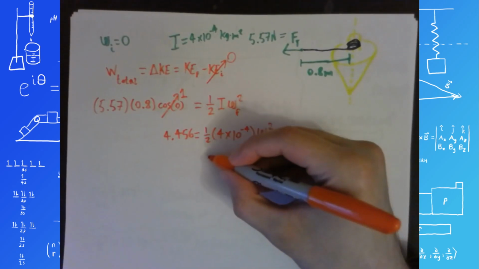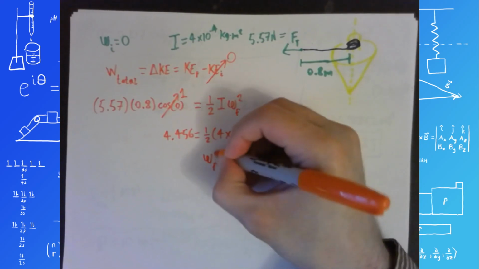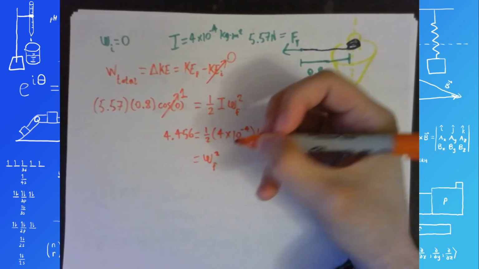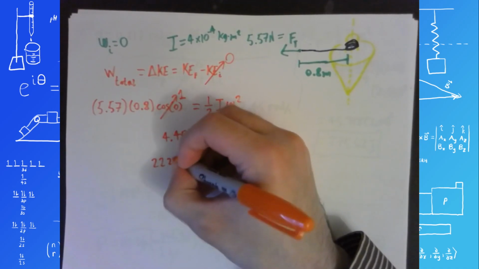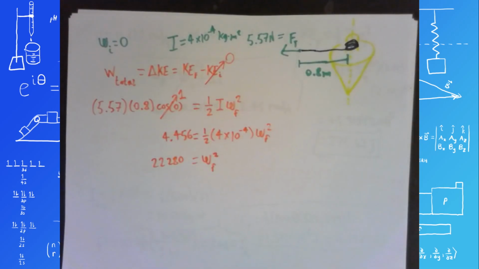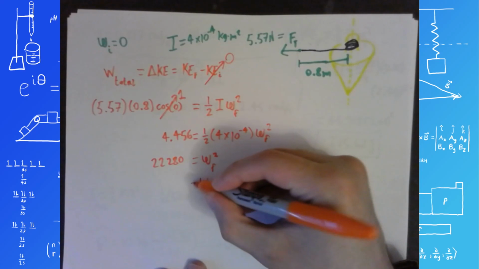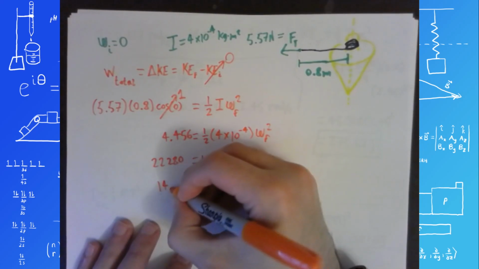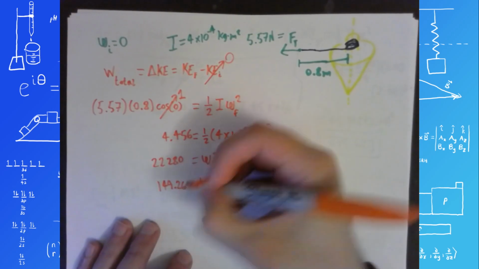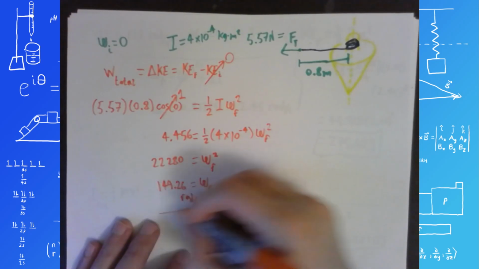Anyway, I'm getting omega final squared is 22,280. And if I take the square root of that, I'm getting omega final is 149.26. 149.26 radians per second.